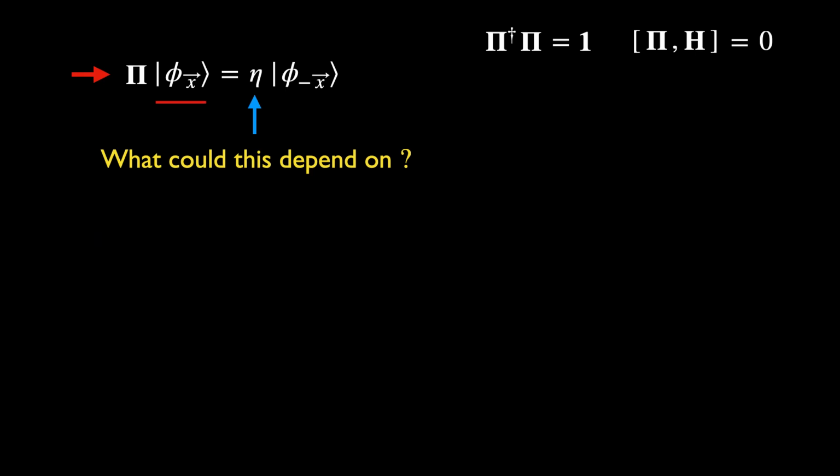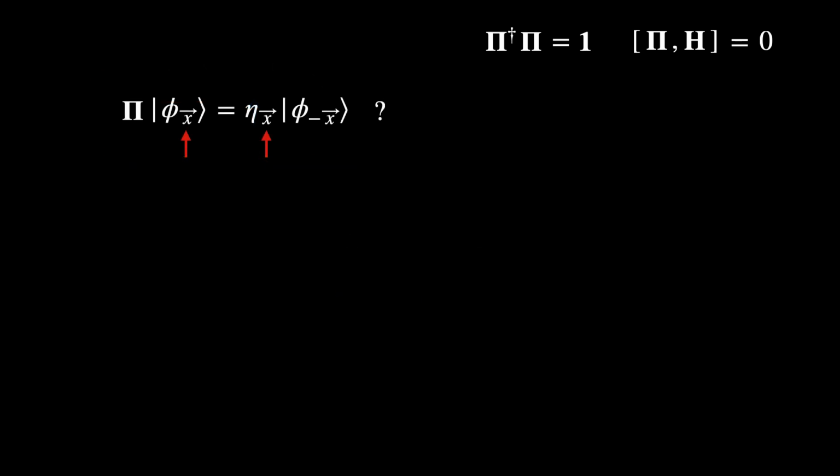However, if eta could depend on the state, then the situation is less trivial. For example, could eta depend on the eigenvalue x for a position state? Well, actually no. Here's why.